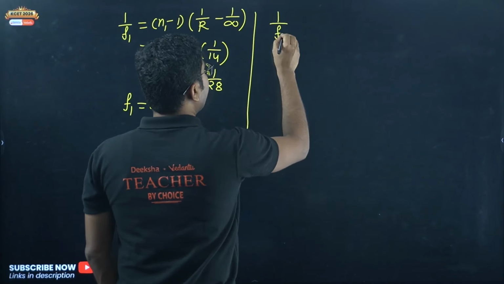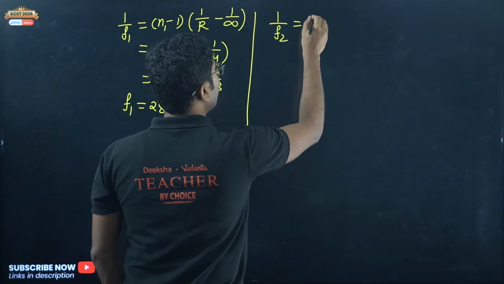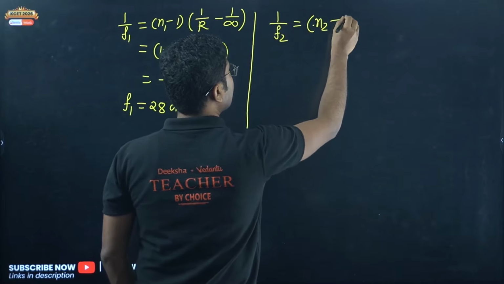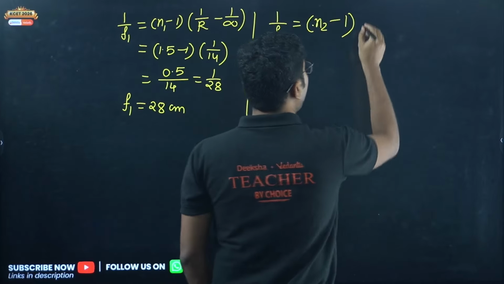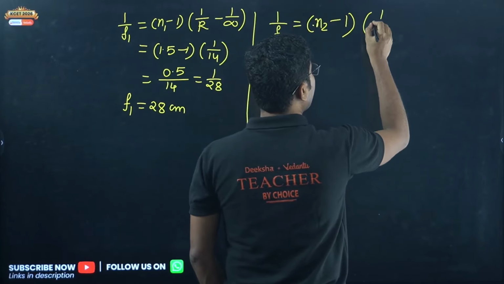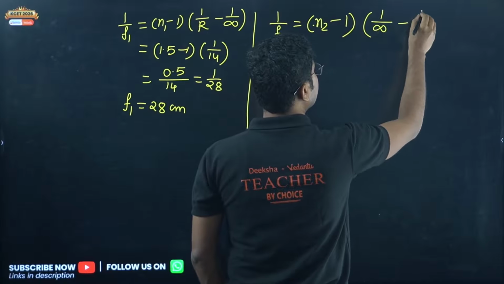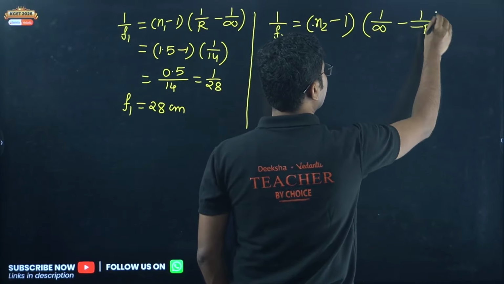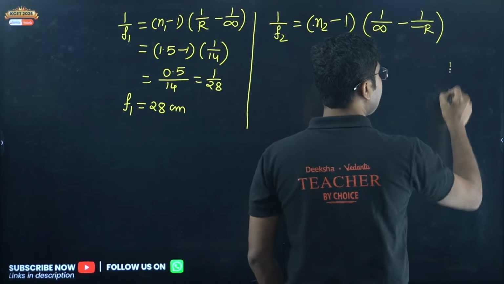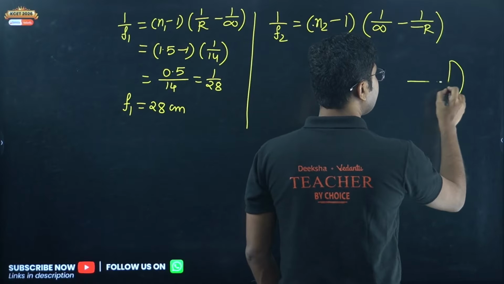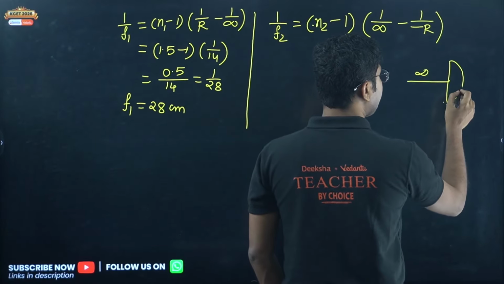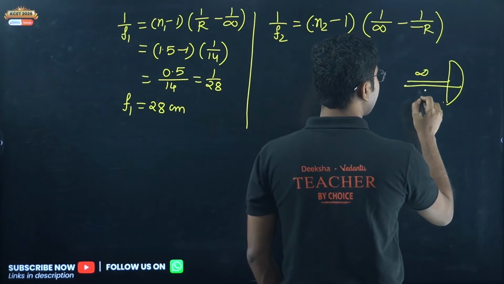1 by f2 equals (n2 minus 1) into (1 by infinity minus 1 by minus r). This is the other side of the lens. As I mentioned, the first surface is this one, infinity. The second surface is this one, which is minus r.